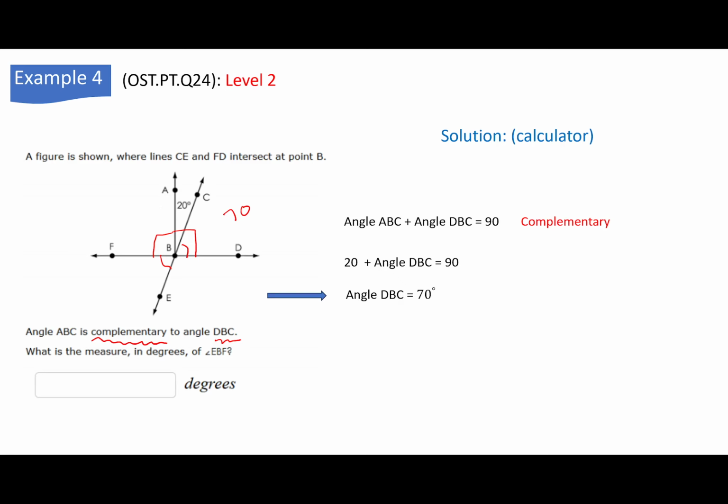Obviously, angle DBC is 70. So this one here is 70, but I need this one. They are vertical, they're equal. Angle EBF is equal to angle DBC, they're vertical, which means 70 degrees.